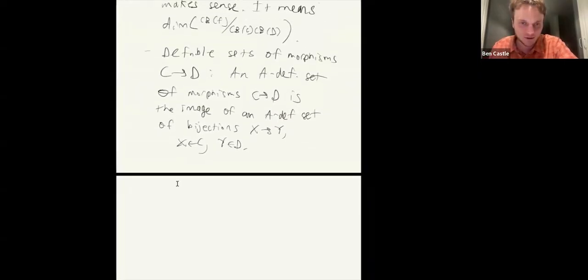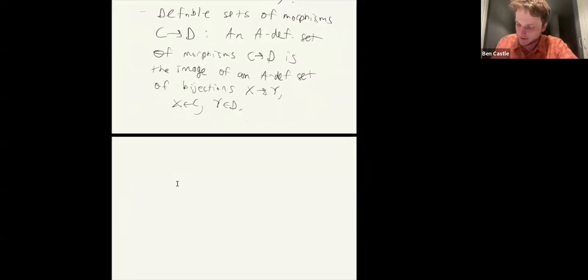And then, what was the last thing I was going to say here? Right, composition is definable. I'll add this as another point in my list. So what does that mean?